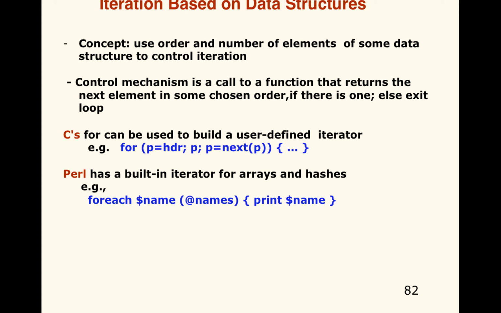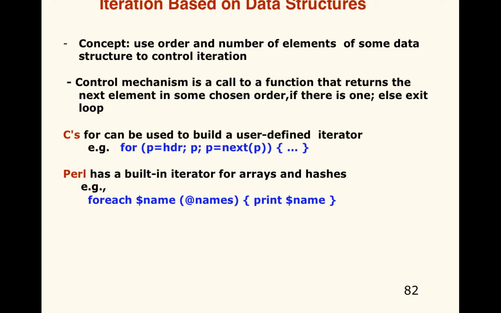So iteration may also be based on data structures. Python has the for each. Perl has the for each. So it's called an iterator. Java actually has a built-in iterator in the Java utils, not part of the base core, but it's a util library that a lot of people use, and it does have the for each, and it has the next, the next, the next.